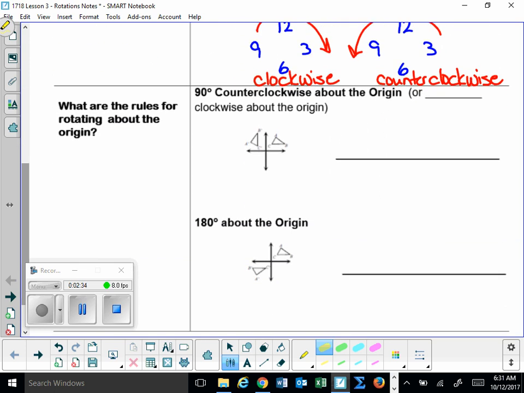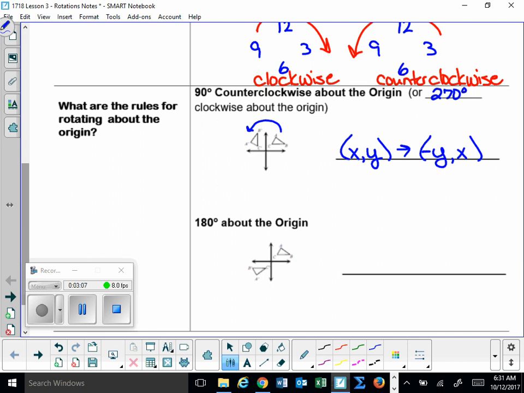So what are the rules for rotating about the origin? Okay, 90 degrees counterclockwise, 90 degrees to the left, is the same as 270 degrees to the right. And the rule for this, our ordered pair gets switched and the first one becomes negated.